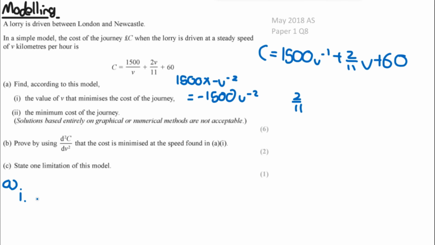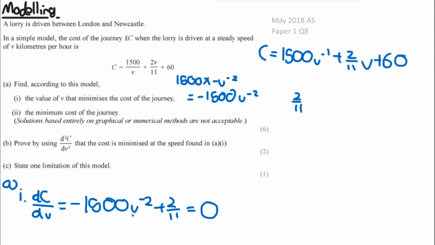So dc, because this is what we're differentiating, over dv, because this is what we're differentiating in terms of, is equal to minus 1500 v to the minus 2 plus 2 over 11, and then we set this equal to 0, and then we need to find the value of v for which this is true.